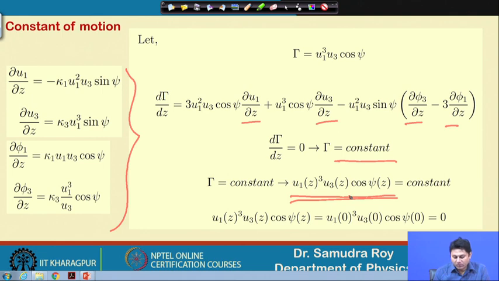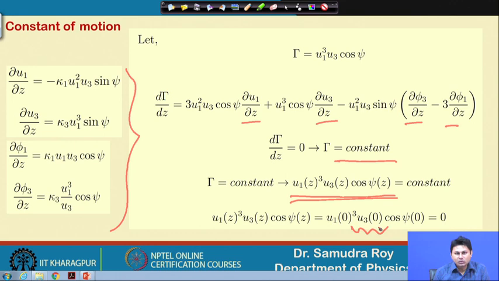So, if I put z equal to 0, then u1 cube u3 cos psi at z is equal to u1 cube u3 cos psi at the 0 point. If I put this 0, then one term appearing here is u3 at 0.